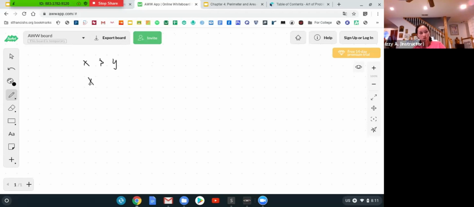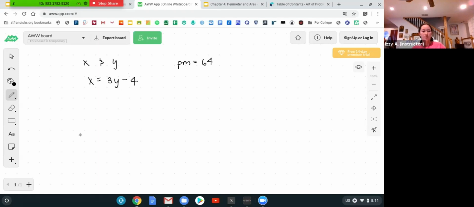So the first length is supposed to be 4 less than 3 times an adjacent side. That means that x is going to be equal to 3y, assuming that is the adjacent side, minus 4. And we know that the perimeter is equal to 64, and we want to find the area of the rectangle.